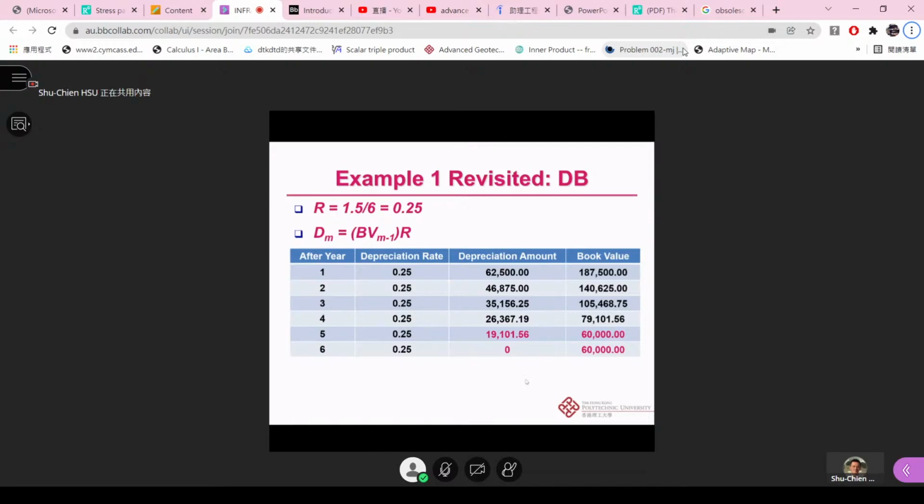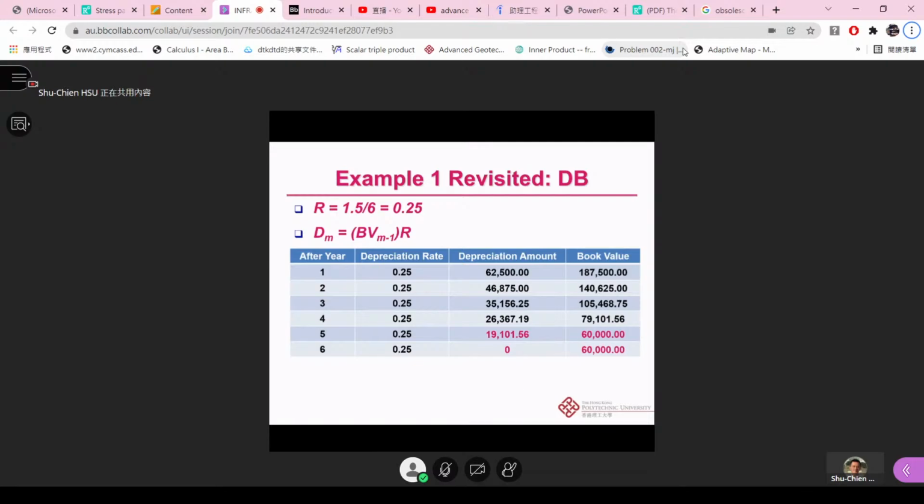It should be 19,700 something. But why did we put 19,100 something? It's because we need to follow the rule that the end of the book value should be no less than the salvage value.